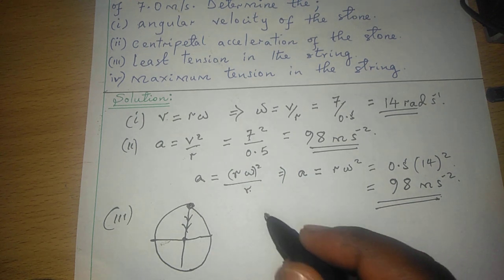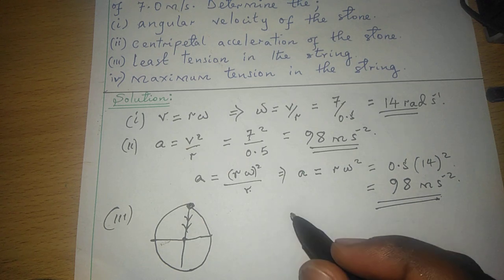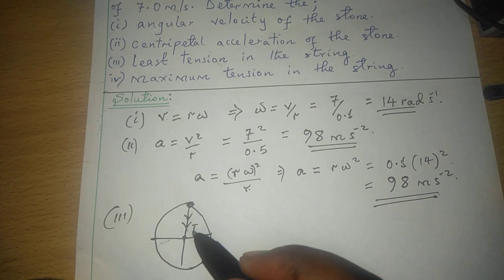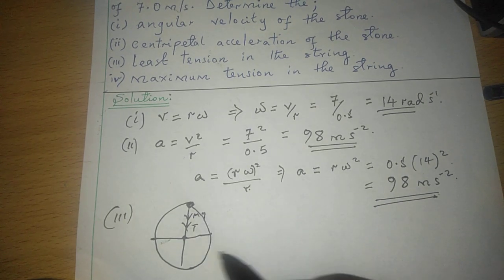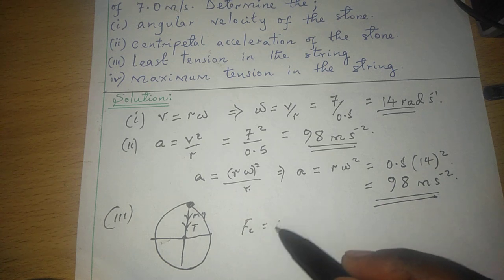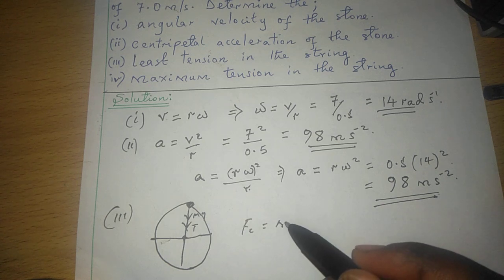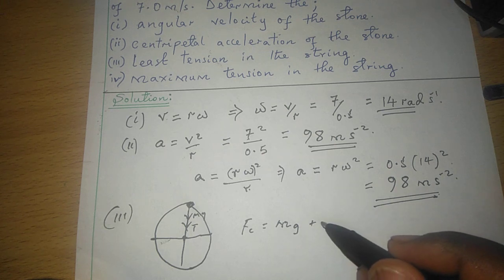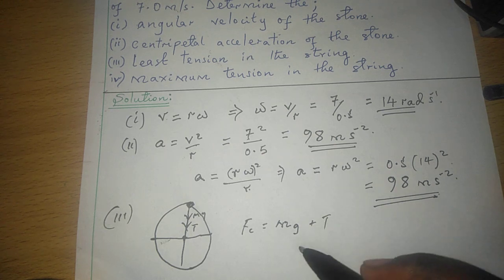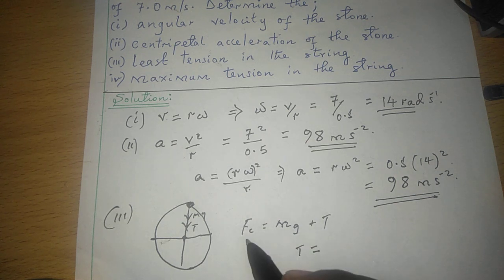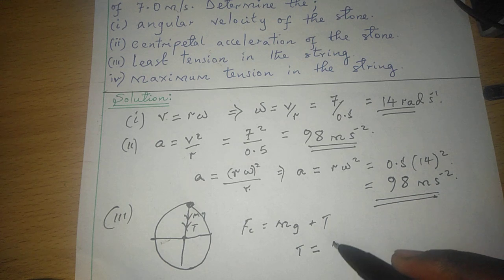Therefore you find the resultant force is given by, so we're saying both tension and the weight are acting downwards, and you find centripetal force is given by both the weight of this stone and the tension, such that to get tension we have to subtract the weight from centripetal force, which is given by mv squared out of r.